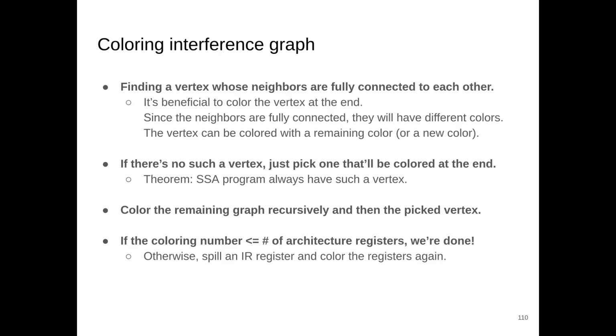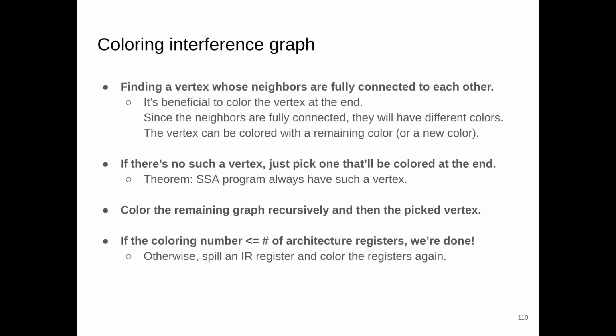The theorem is that for an SSA program, we can always find such a vertex. This is already proven by some graph theorists, and that means that for an SSA program, if you draw the interference graph, you can always find a vertex whose neighbors are fully connected to each other. Even after removing a vertex from this interference graph, this property still holds.